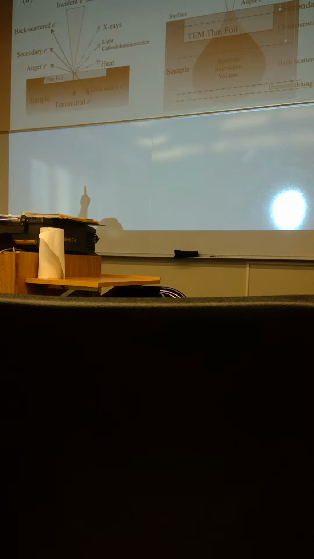Now the important thing to recognize is that those signals also have different presence in terms of depth of the sample. They're not all generated at the surface, they're generated at different depths. That's shown on the right side. On the surface you generate the Auger electrons, up to about 1 or 2 nanometers, and you generate the secondary electrons.